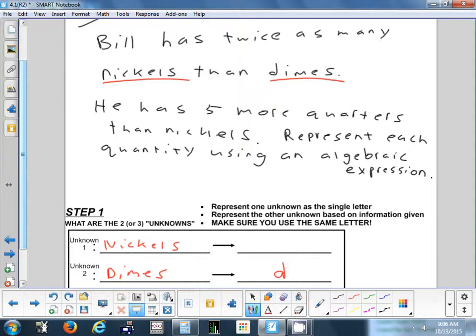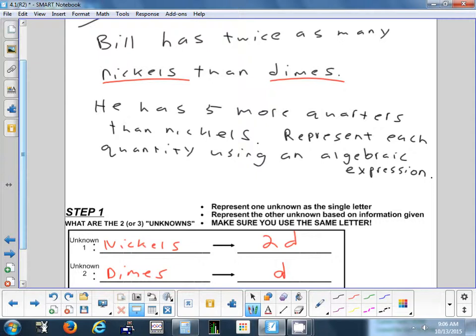Why can't I use n? Yeah, make sure you use the same letter. All right. So what did we agree on? 2d. Okay. The number of nickels is twice the number of dimes.